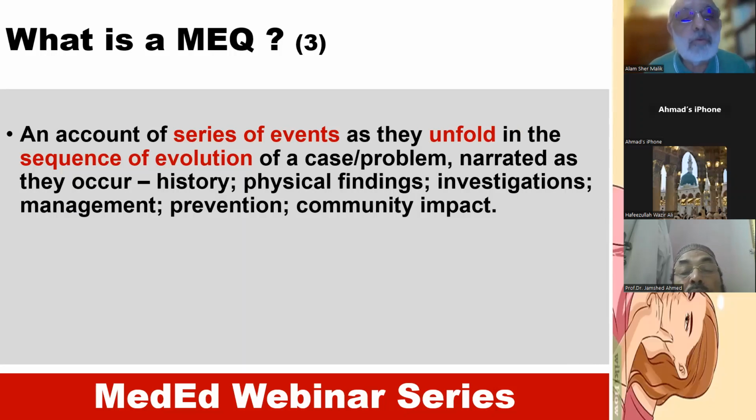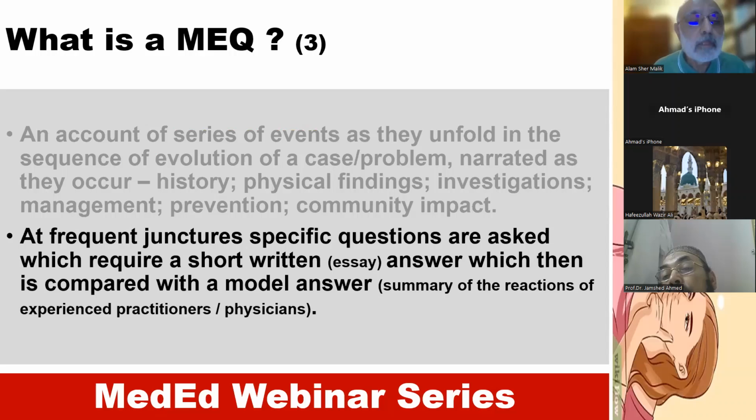So the MEQ would unfold this information in the same sequence as it happens in the real situation. And when it is presenting this evolution of information, at frequent junctures, specific questions are asked, which require a short written essay or answer, which then is compared with the model answer.